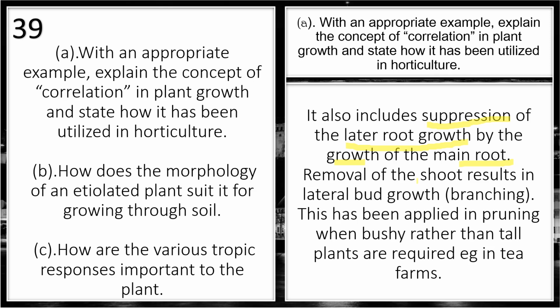The removal of the shoot results in lateral bud growth, branching. This has been applied in pruning when bushy rather than tall plants are required, for example, in tea farms.